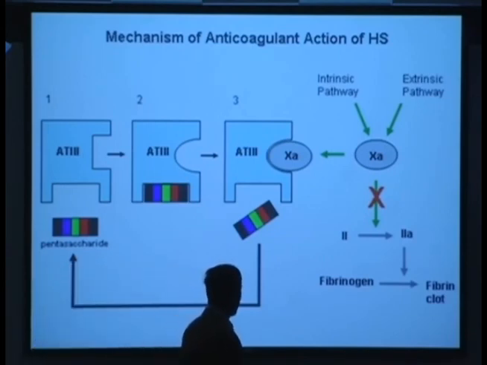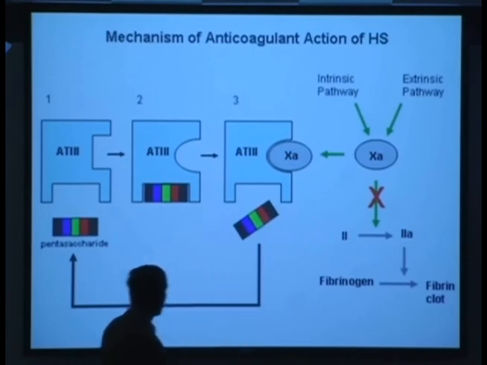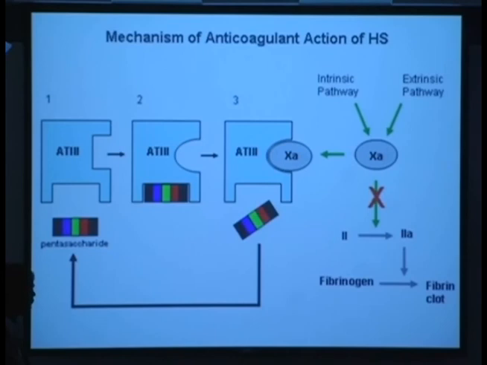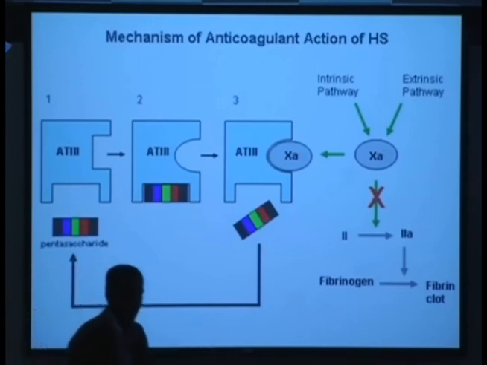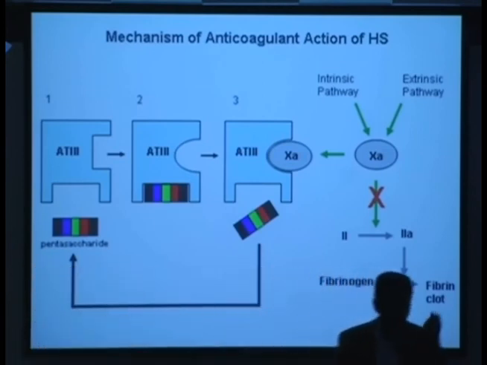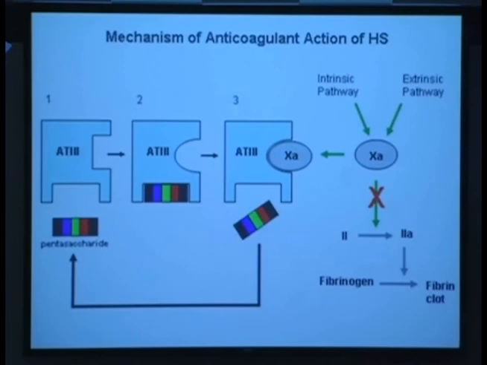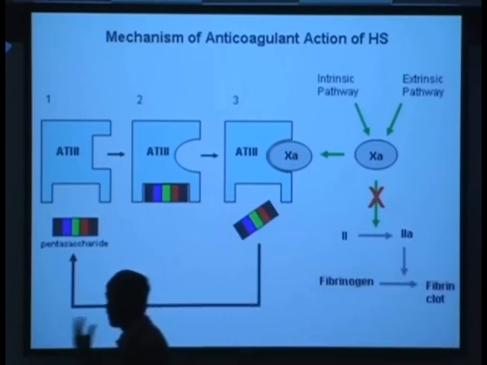By capturing factor 10A, it forms a reversible complex, and basically that factor 10A is not available to convert prothrombin into thrombin, and the activated thrombin converts fibrinogen into fibrin that eventually forms a clot. So by capturing and sequestering factor 10A in a complex with antithrombin 3, you prevent the conversion of prothrombin to thrombin, which eventually converts fibrinogen to fibrin that causes the clot.